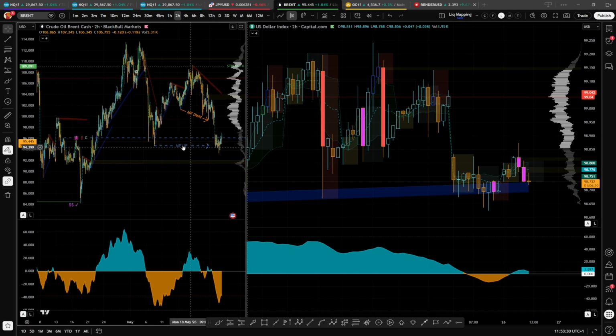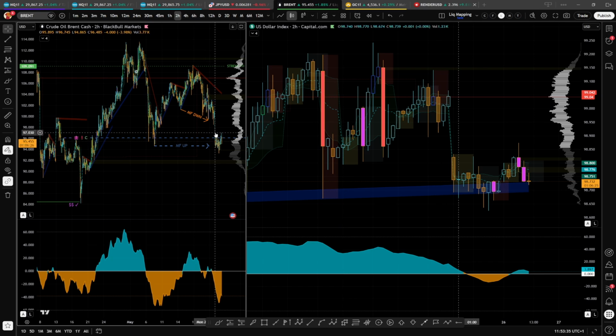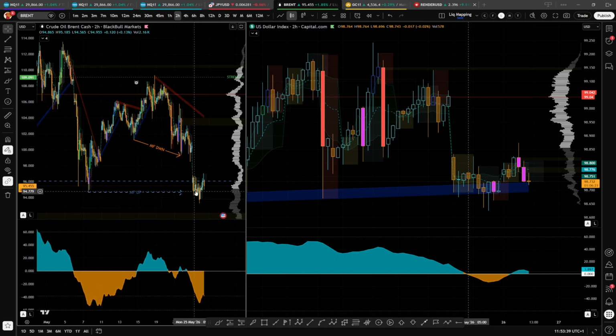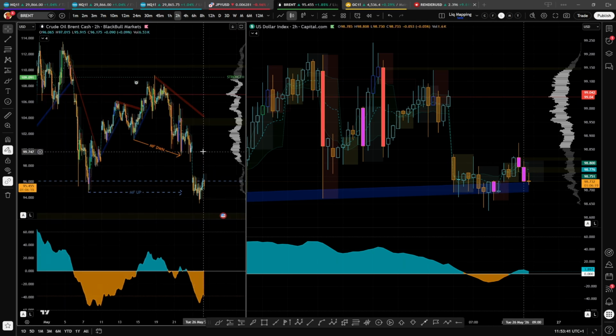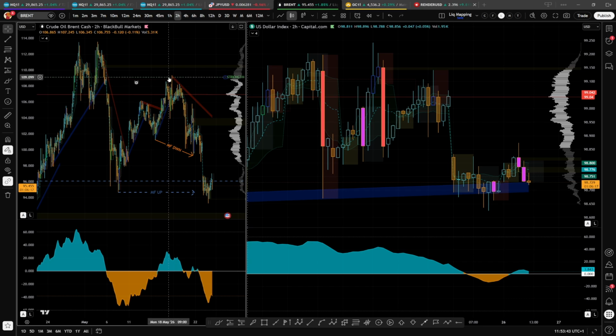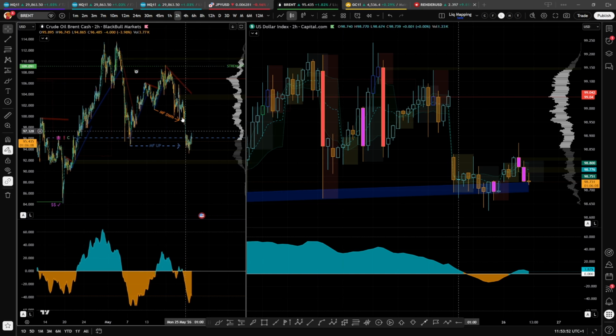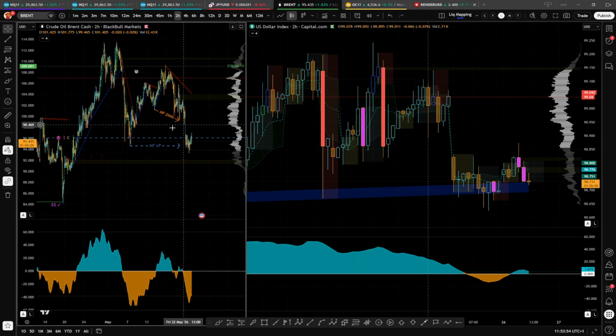Oil seems to be getting some kind of absorption at this structural point. They had a big gap, which we seem to tap into. But we are getting money flow absorption down here on oil. Interesting. I had this area marked here, 109.065. This is a very strong area for oil to sustain itself above, and you can see that it didn't. And now we've come back down into the structure.